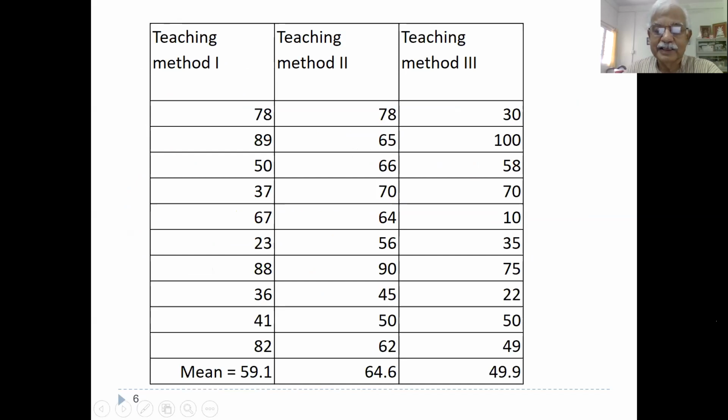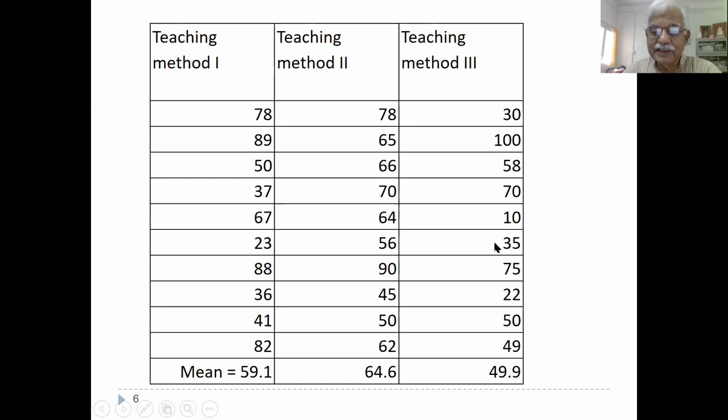These are different teaching methods. Method 1, method 2, method 3, and each of these 3 methods is tried on 10 students, and at the end, out of 100, they are achieving this.